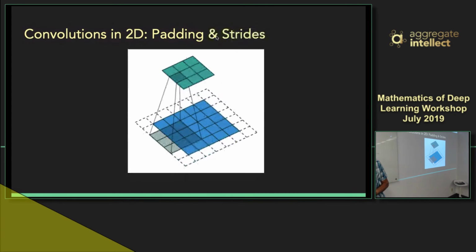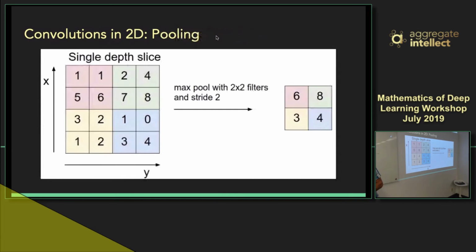Okay, too easy, right? The other thing is something that you hear in the same context, but it's not the same. It's actually a layer usually in the network. It's called pooling, and I think you have all seen max pooling, min pooling, average pooling.